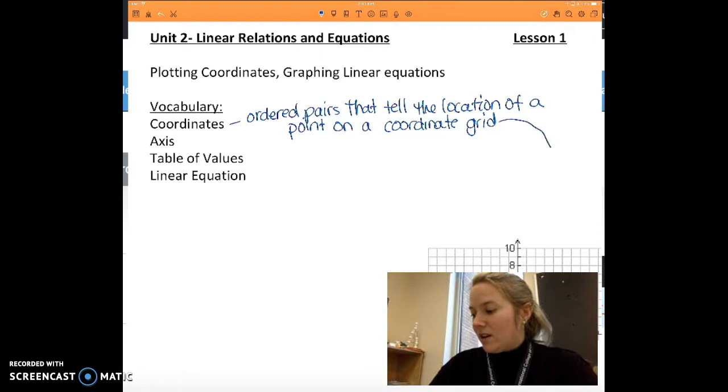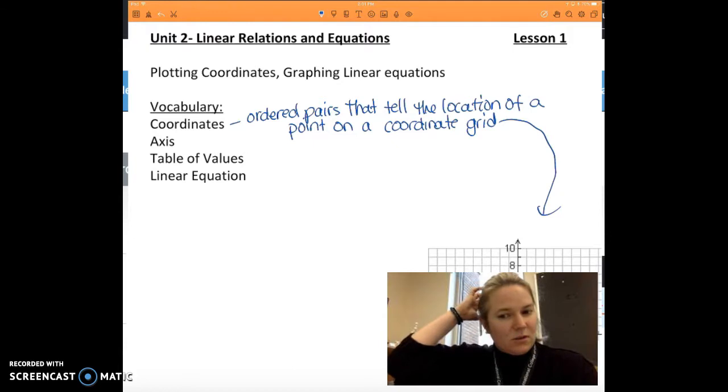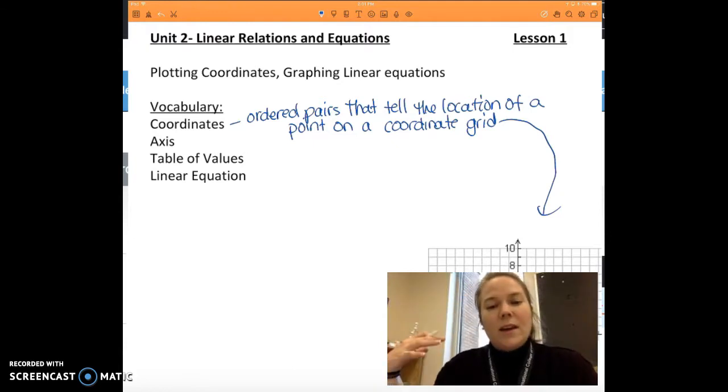A coordinate grid looks like that. Okay, that's what a coordinate grid looks like. So they're ordered pairs that tell you a location.